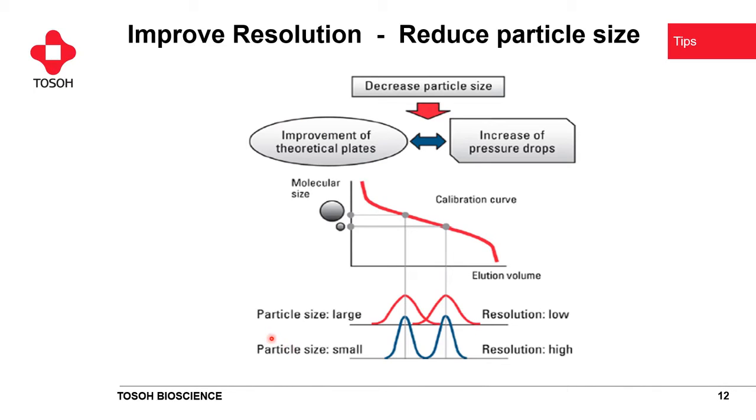And this is also something that we see in the chromatogram, which comes out of those columns. If we take a large particle size, we will have broader peaks and lower resolutions, whereas with a smaller particle size we will get sharper peaks and a better resolution.